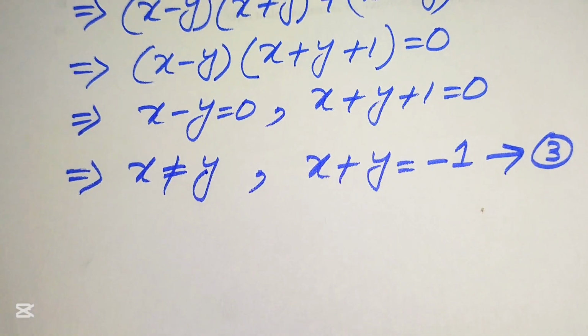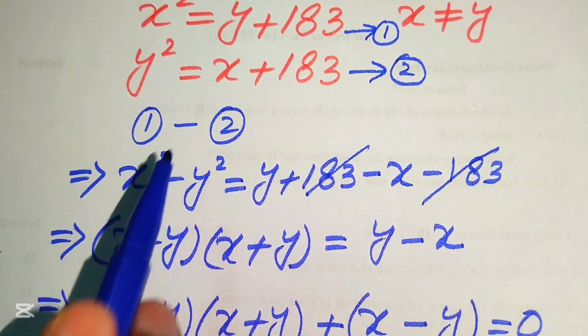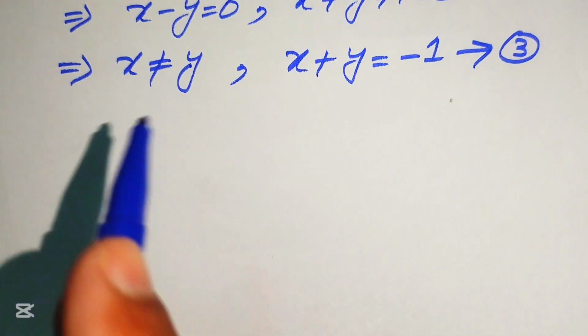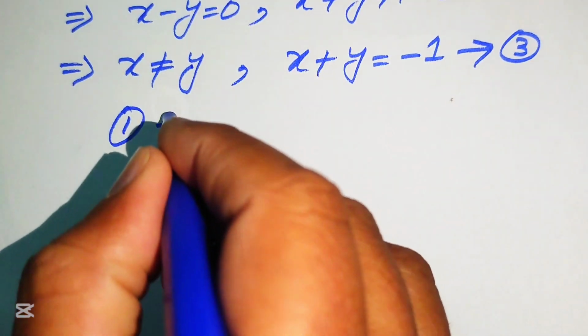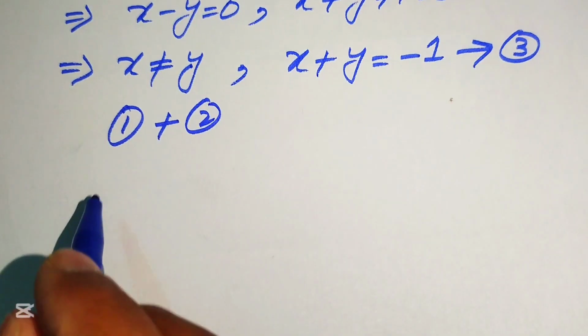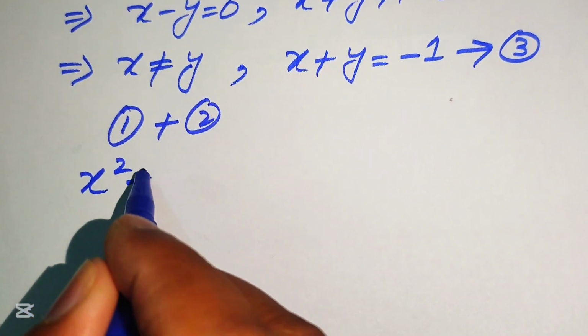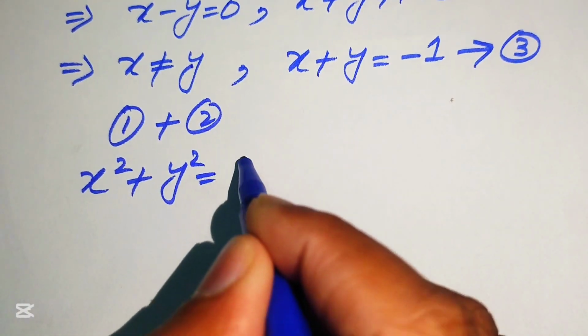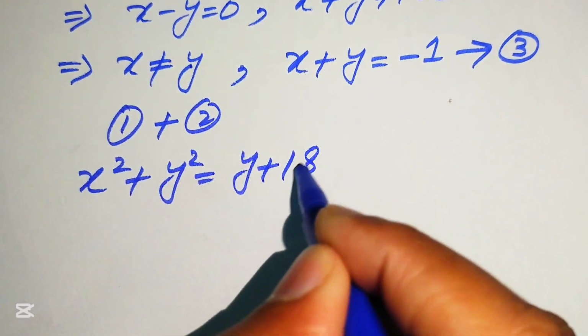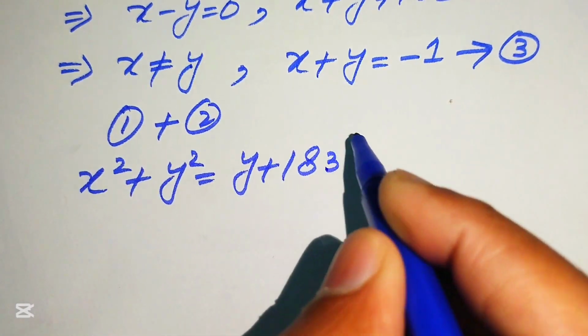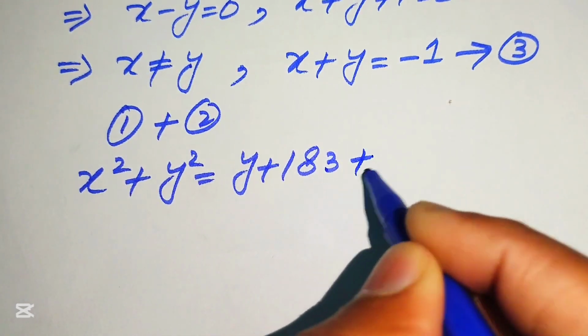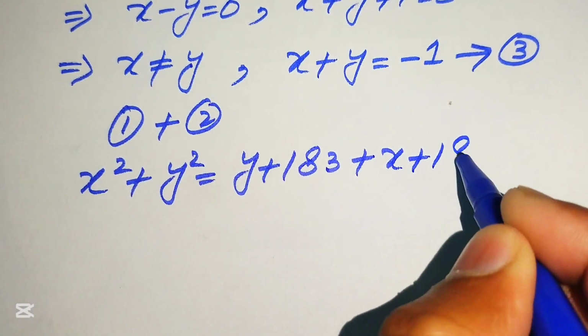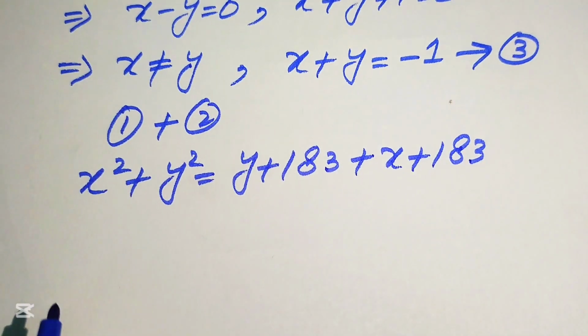And now, first we subtracted equation number 1 and equation number 2, and now we need to add equation number 1 and equation number 2. When you add these two equations, we will get x square plus y square equals y plus 183 plus x plus 183.